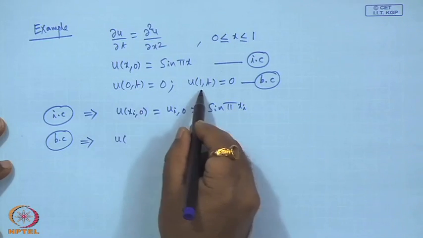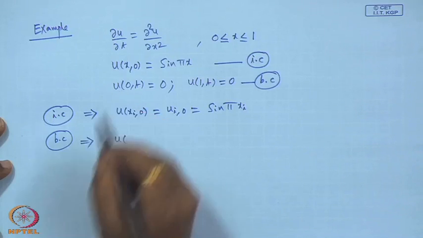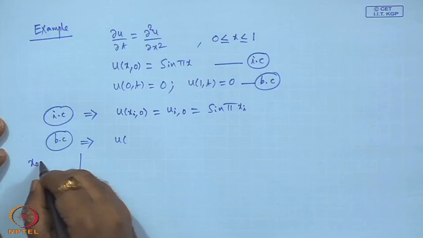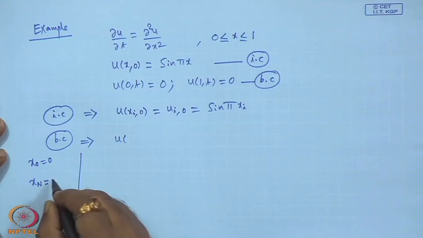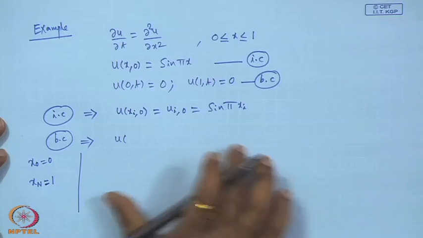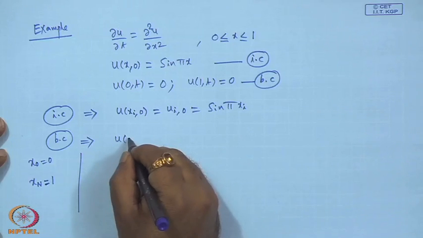you should be careful. So, in this case what 0 corresponds to. So, remark x 0 is 0 and x n is 1, and what time step etcetera depends on the specification. Okay.